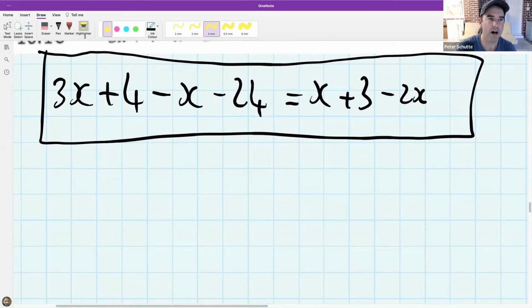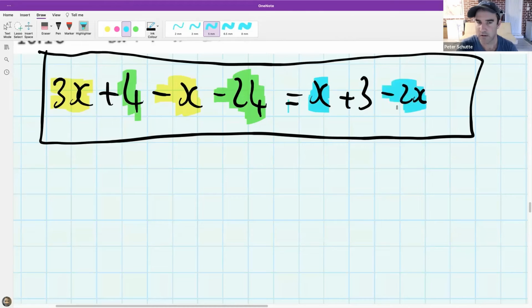So I think life would get a lot easier if you collected the like terms on each side first. You don't have to do this, but I think it would probably be easier, or you could move things around too.